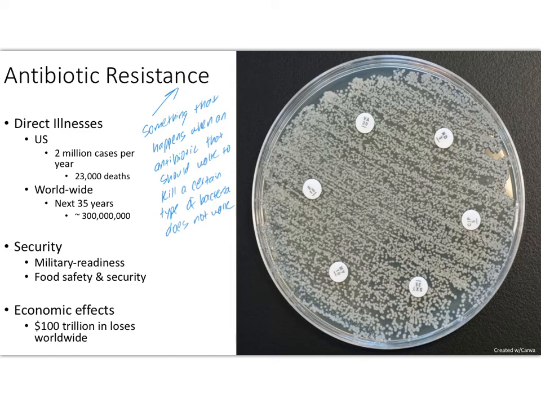A lot of times people think it is the person becoming immune to the drug, but that is not what's happening in this situation. In this situation, we are talking about a specific phenomenon that occurs when an antibiotic does not work to kill a certain type of bacteria, even though it should work.